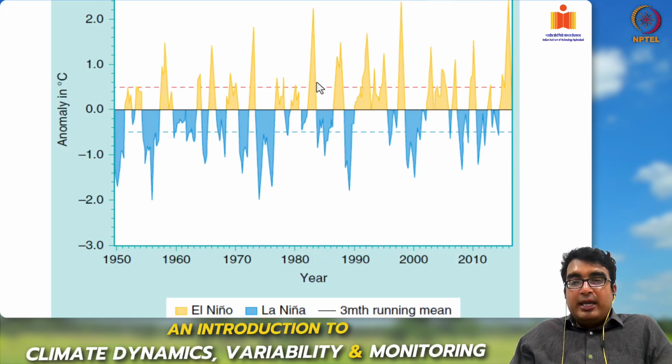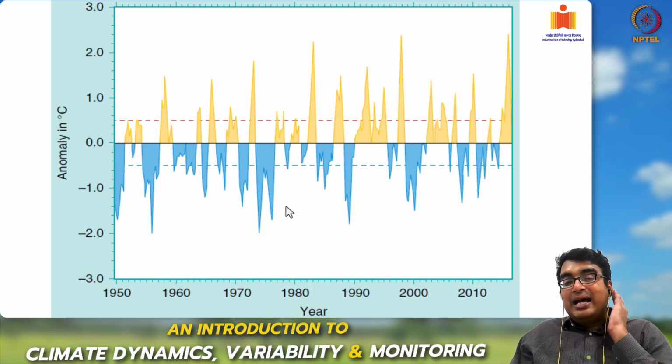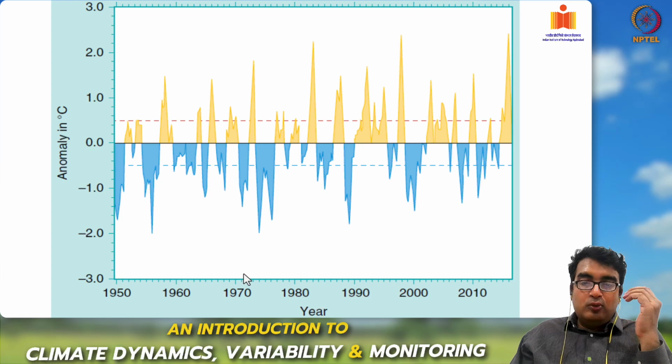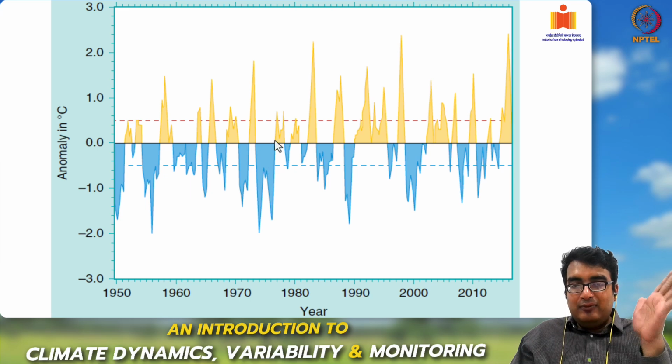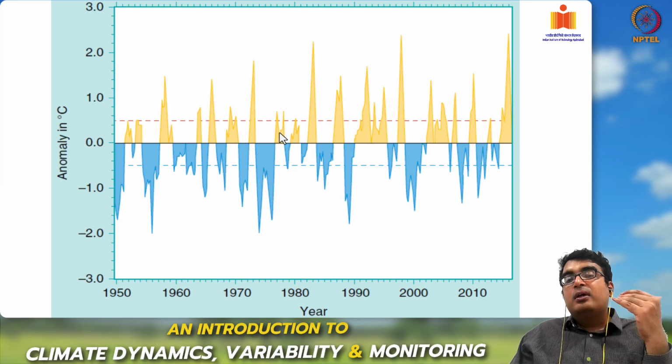So two strong El Nino events, for example, happen say twice a decade. So suppose you look at the 1970s, you have an El Nino event, then La Nina event, El Nino event, La Nina event, El Nino. So at least 3, and some of these are small, so these deviations are small.